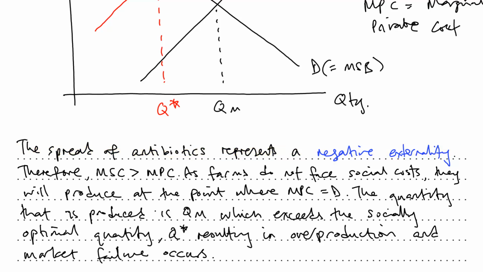Therefore, marginal social cost is greater than marginal private cost. As farms do not face social costs, they will produce at the point where MPC is equal to D. The quantity that is produced is QM, which exceeds the socially optimal quantity Q star, resulting in overproduction, and market failure occurs.